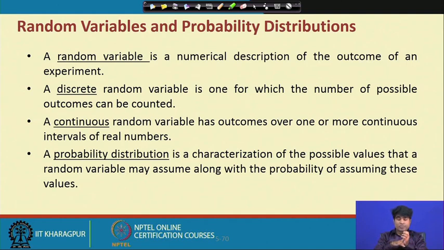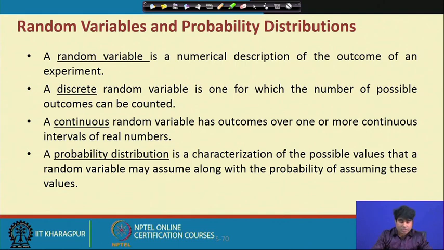A probability distribution features the possible values that a random variable may assume, along with the probability of assuming these values. These are simple understandings: random variable, discrete random variable, continuous random variable, and the concept of probability distribution.